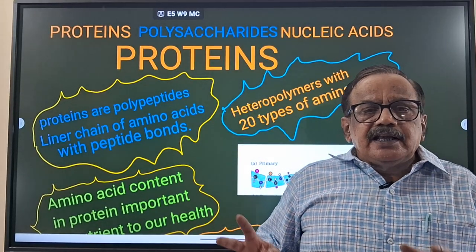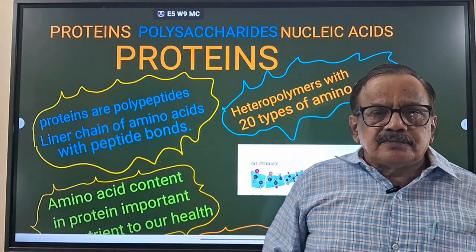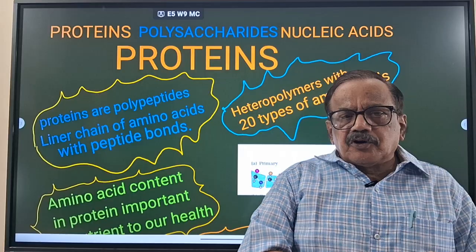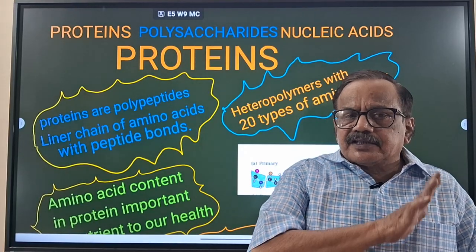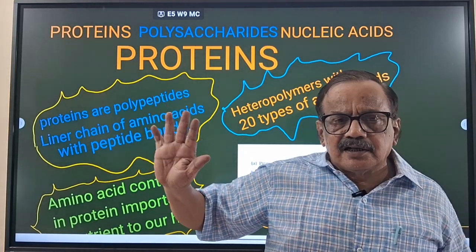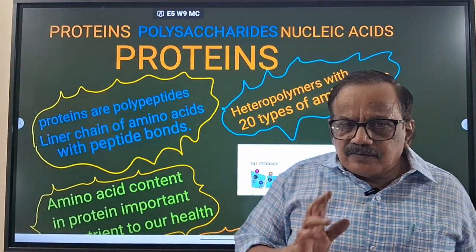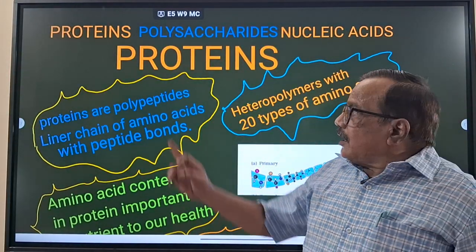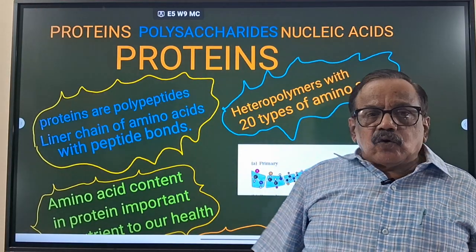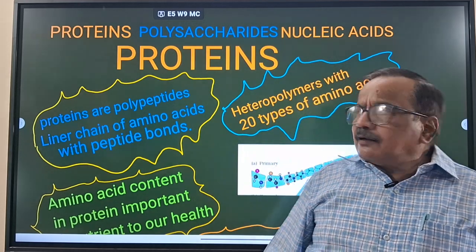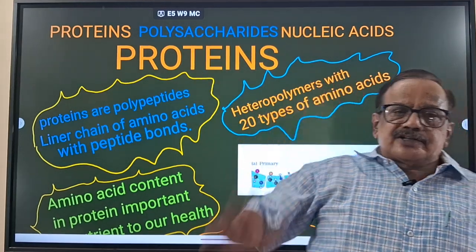Protein is a heteropolymer, meaning no protein is made of the same type of amino acids. As the textbook also tells, out of all three, homopolymers are formed only in polysaccharides.